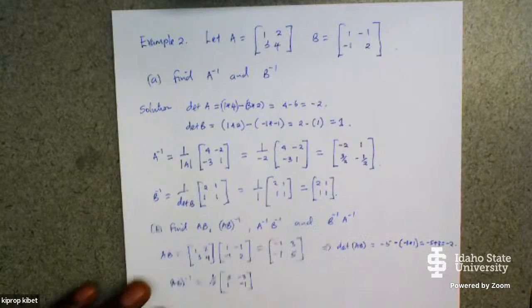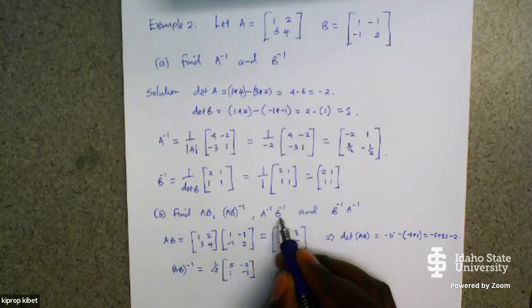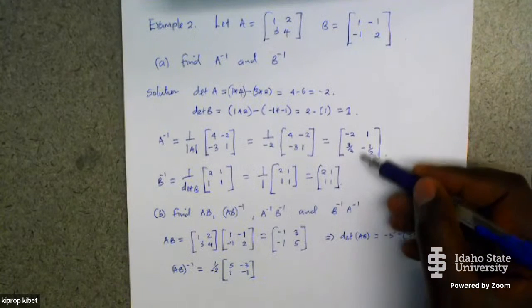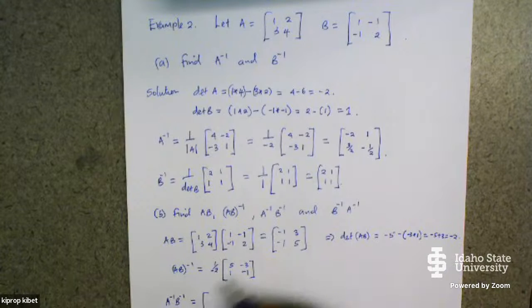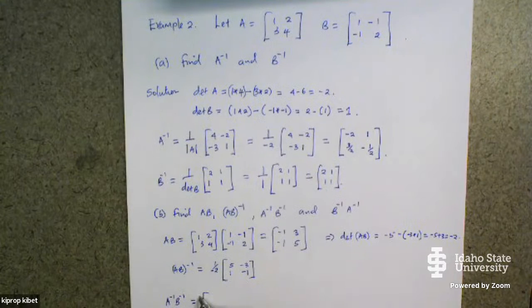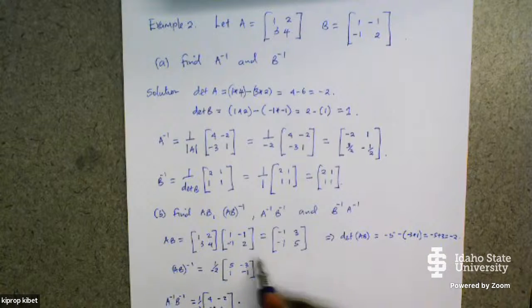Now, what is A inverse, B inverse? So you multiply the two of them here, A inverse and then B inverse. So A inverse, B inverse is the same as, we can use this 1 over -2, and then 4, -2, -3, and then 1 multiplied by this one, which is 2, 1, 1, 1.